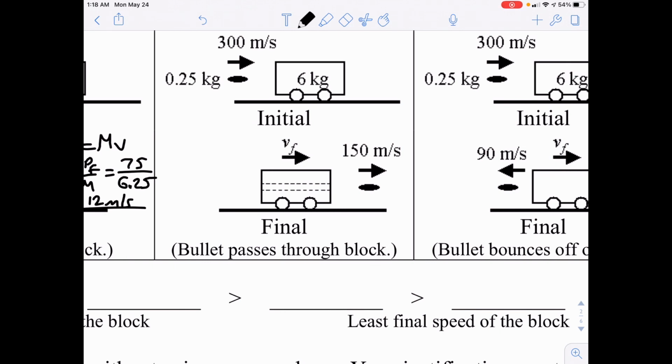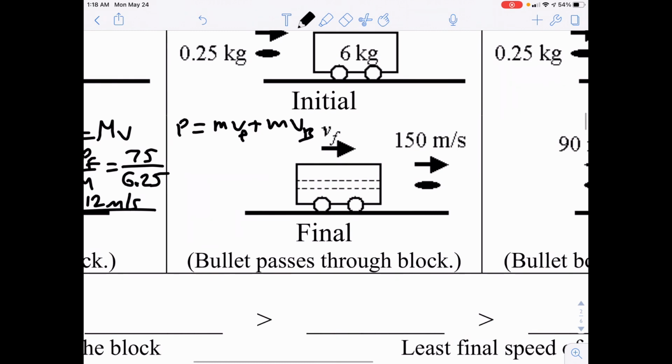So what's going to happen is the final momentum, 75, is going to be equal to essentially mv of the cart plus mv of the bullet. We already know the V of the bullet, so we're going to solve for V of the cart.